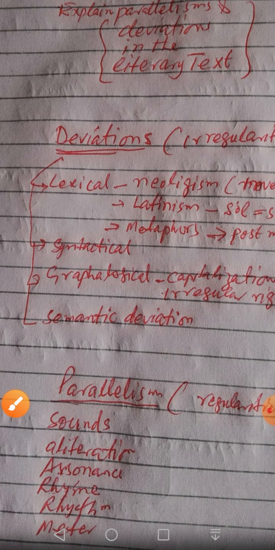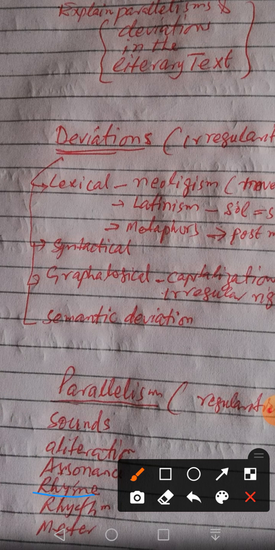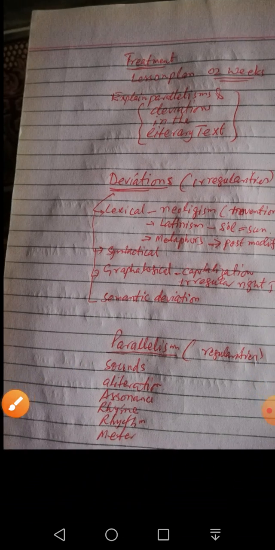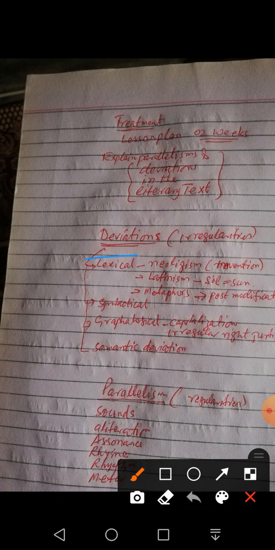And then rhyme, that is rhyming words, which also give musicality to speech. Then rhythm, and then meter. So if a teacher is teaching through the stylistic approach, you have to explain all this. Once all this has been explained, these are known as deviations and parallelism. Then when you explain all this, it is known as foregrounding.